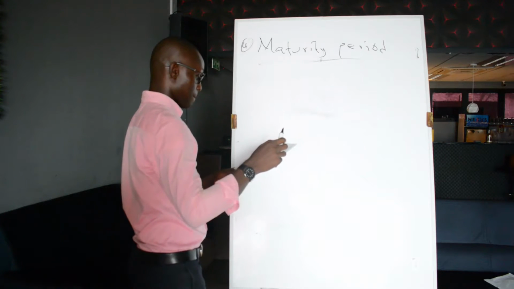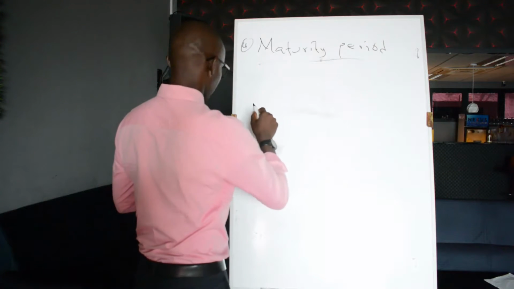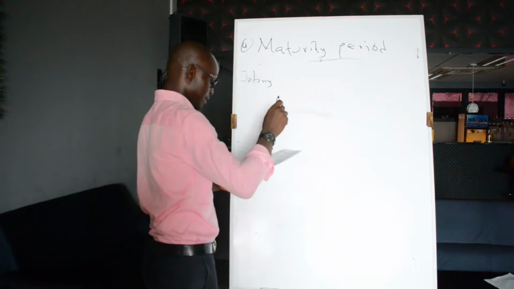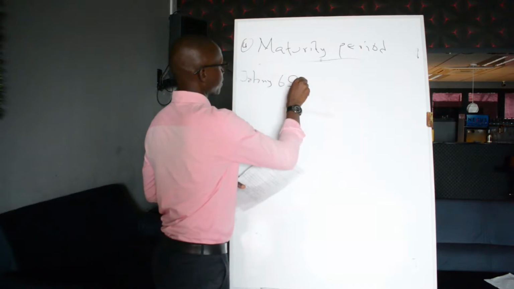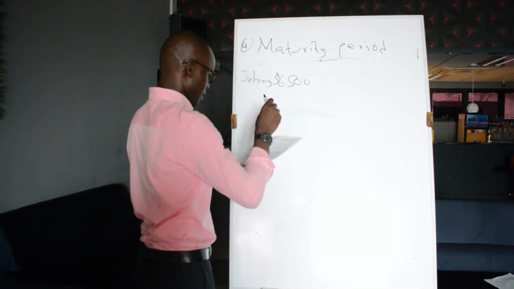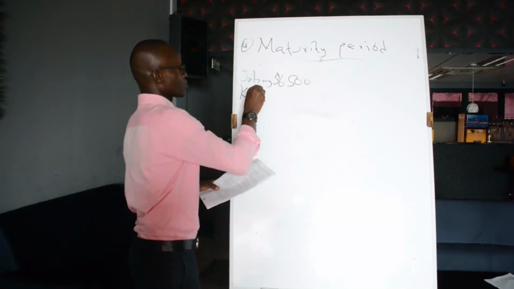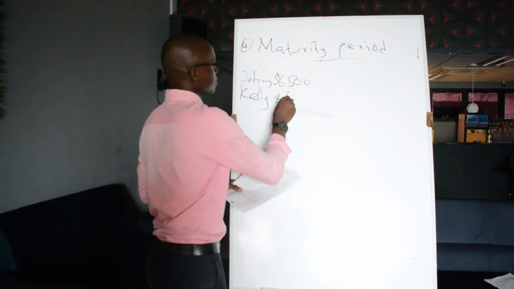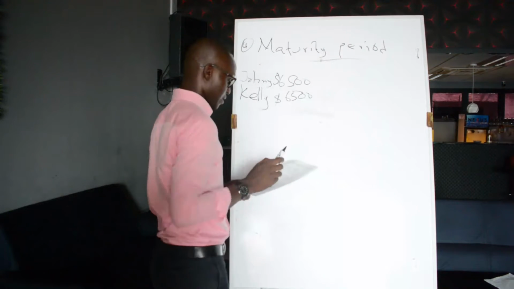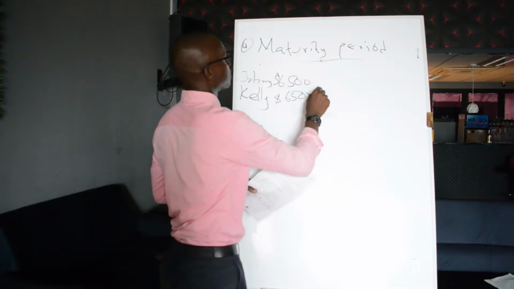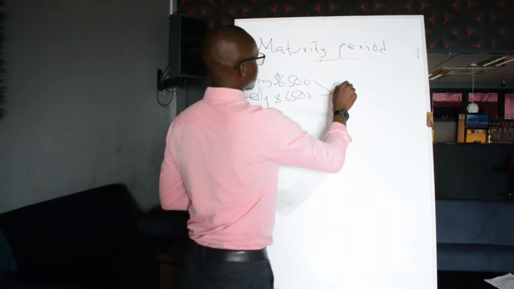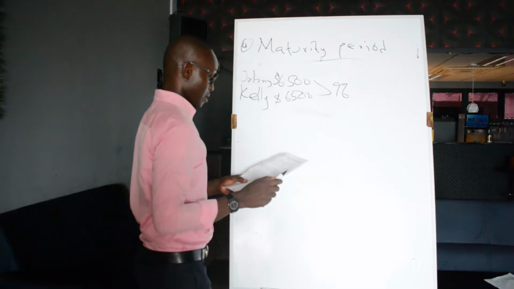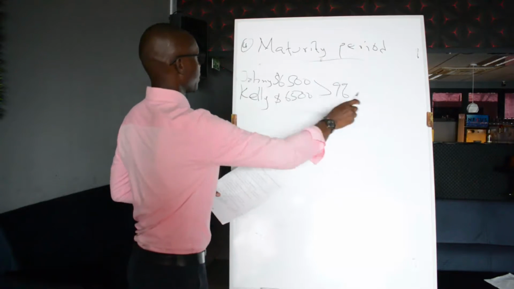Simple interest for, say, Johnny investing 6,500 USD, and then Kelly is also investing 6,500 USD, all at an interest rate of 9%. Now, the maturity period.